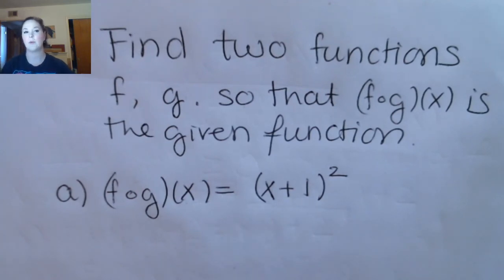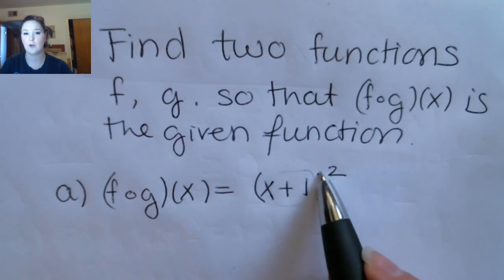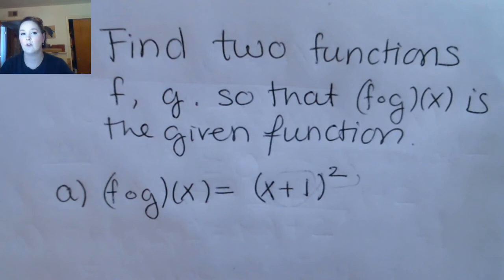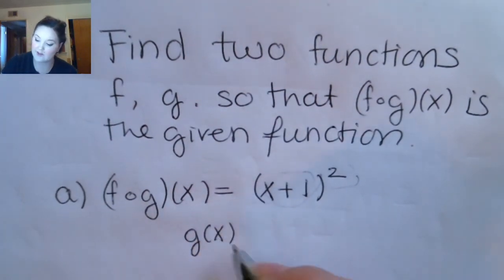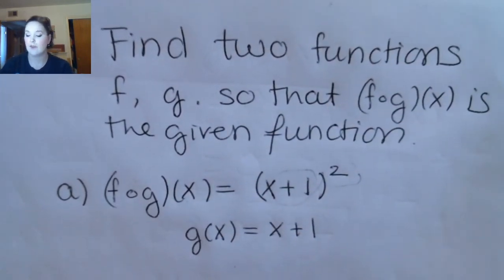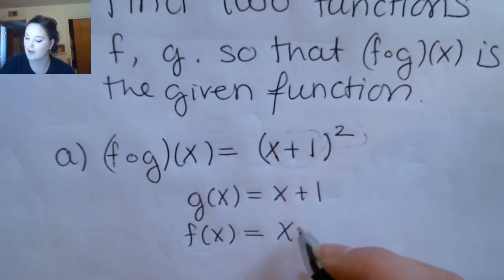So remember, f is going to be the outside function, the one that you do second, and g of x is going to be the inside function, or the one that you would do first. If you look at this, there's two operations going on. You have the +1 operation, and you have the square operation. So those are going to be our f and g. And remember, g comes first. So g of x is going to be the +1 operation, so x plus 1. And then f of x is going to be our second operation, the square operation, so x squared.